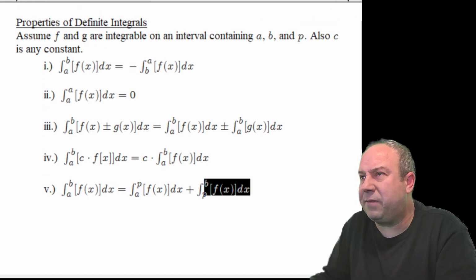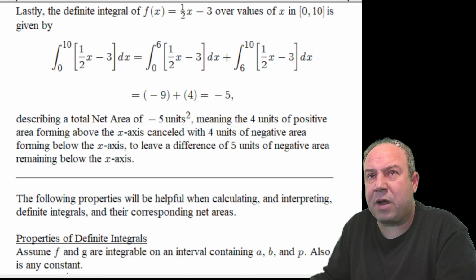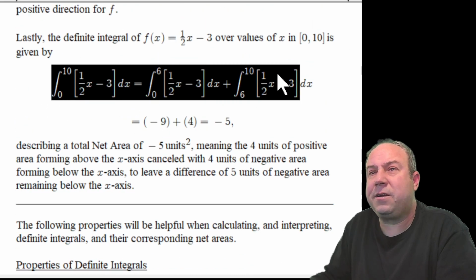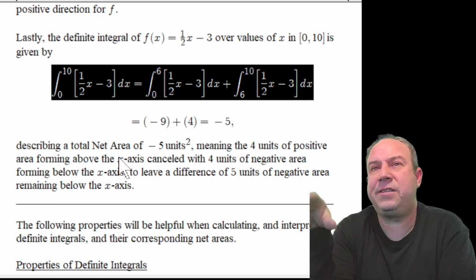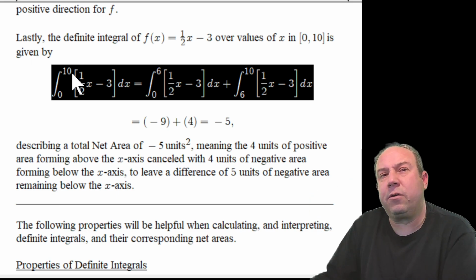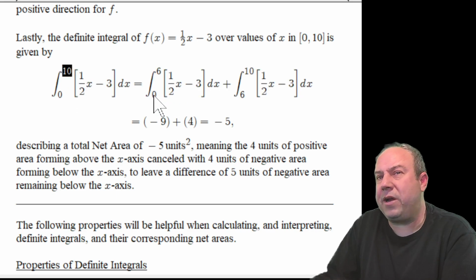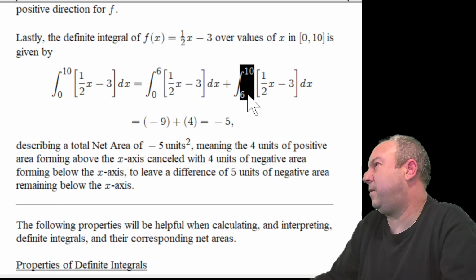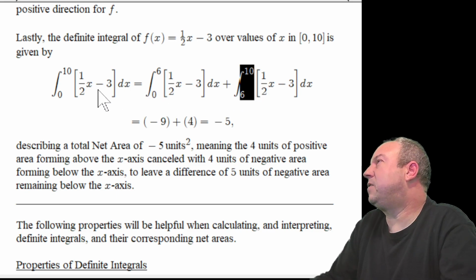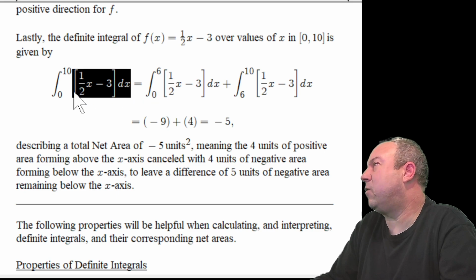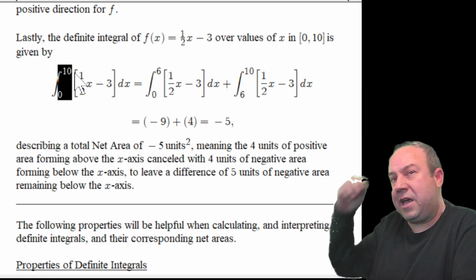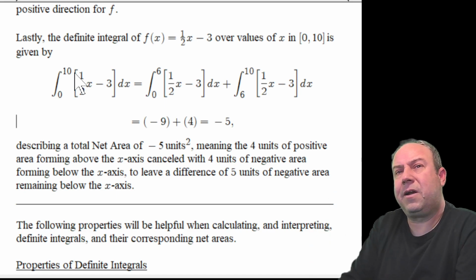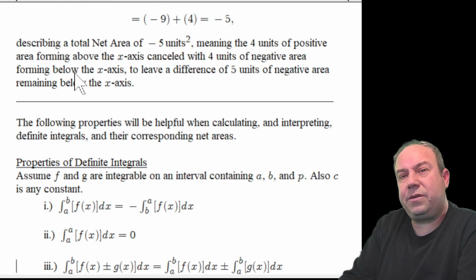What we're saying specifically is something similar to what we used directly above here. This integral here is equivalent to this statement seen here. The left-hand side is equal to the right-hand side. The integral from 0 to 10 was separated into two separate integrals, one that happened from 0 to 6 and the other from 6 to 10, because this function was integrable over the entire interval from 0 to 10 that included all three values 0, 6, and 10. All right? Take note.